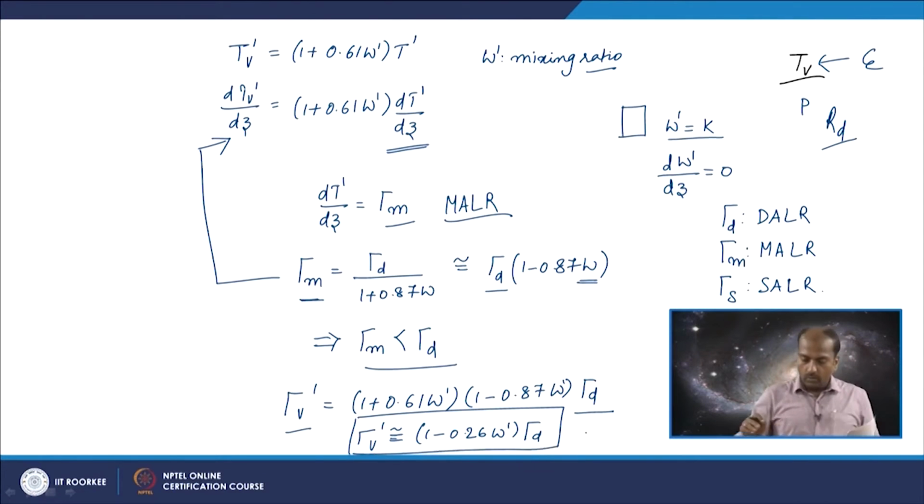Okay. So, let us say, what did we get? Gamma v prime is approximately equal to 1 minus 0.26 W prime into gamma d. Gamma d, the dry adiabatic lapse rate, is 9.8 degrees Celsius per kilometer, right.